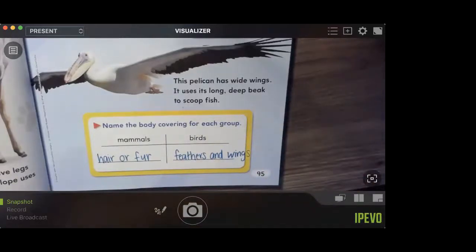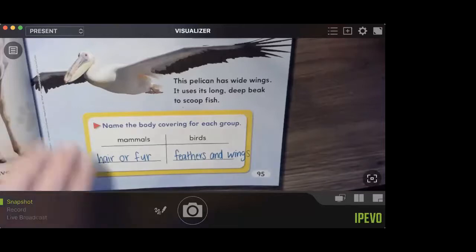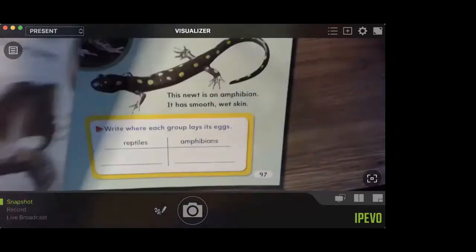Okay, so mammals have hair or fur, birds have feathers and wings. All right. All right, if I'm going too fast, pause the video to get that written down and then hit play again.